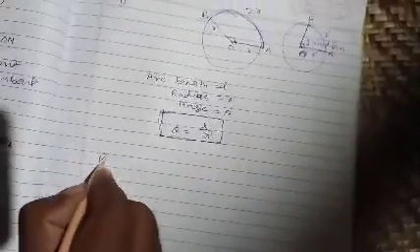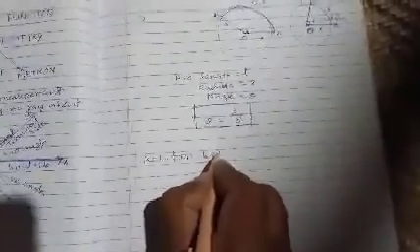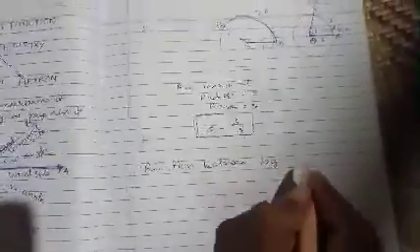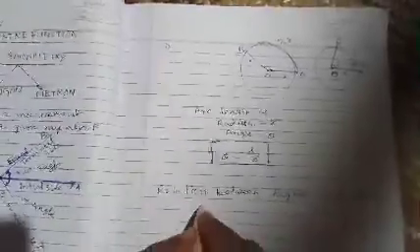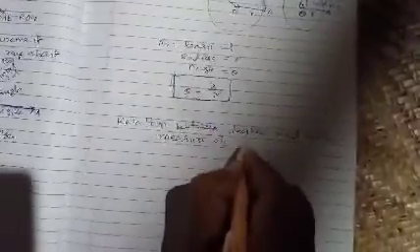Relation between degree and radian measure of an angle.